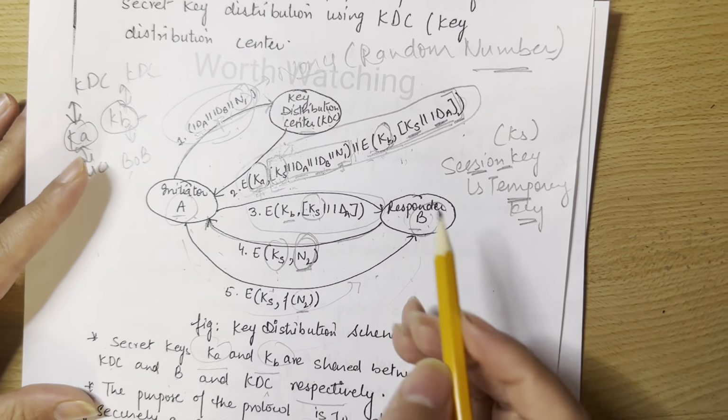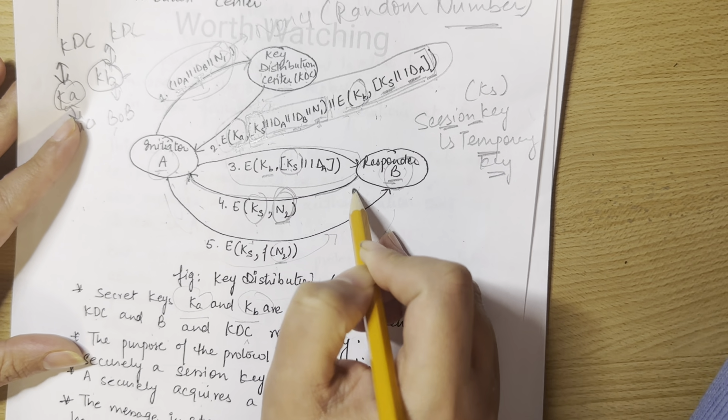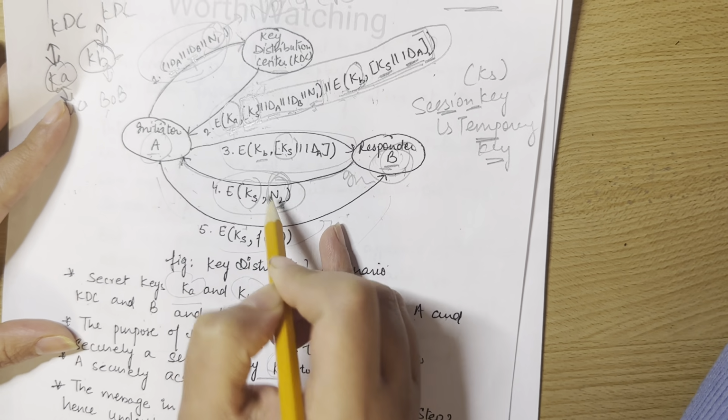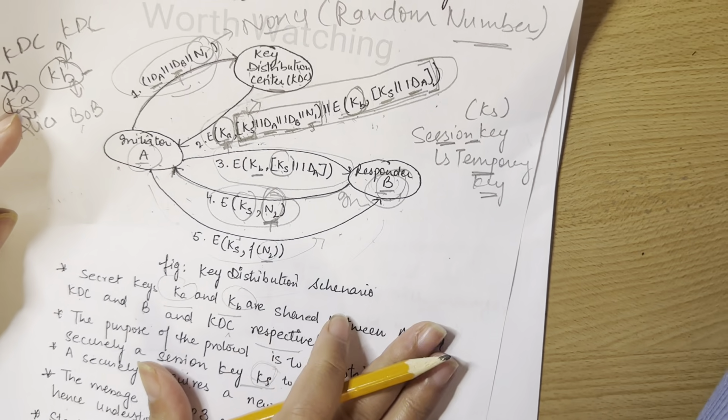So, for example, if the intruder replays Bob's message with the same number, then Alice already knows that this random number has already been used, so it will avoid the replay attack.